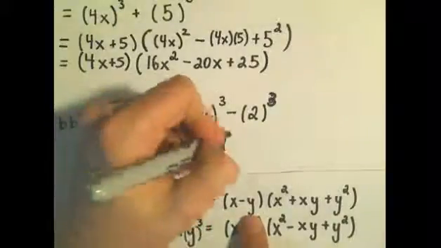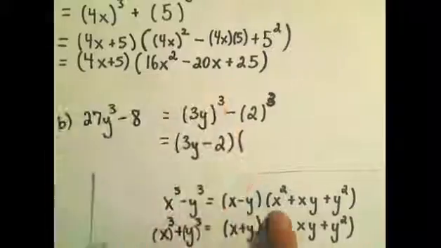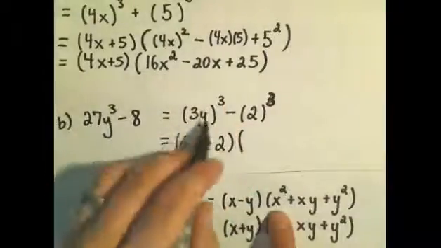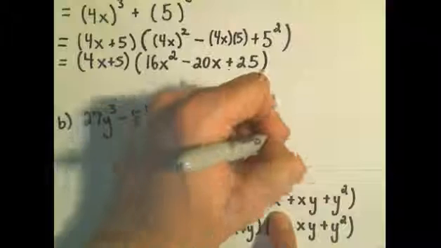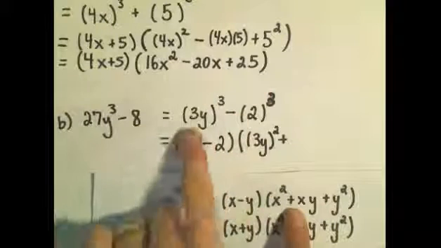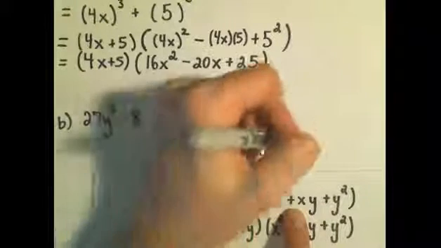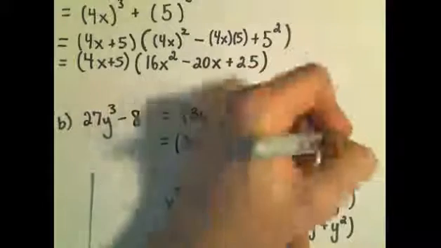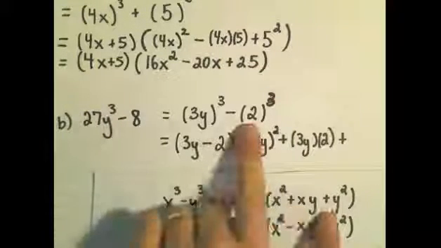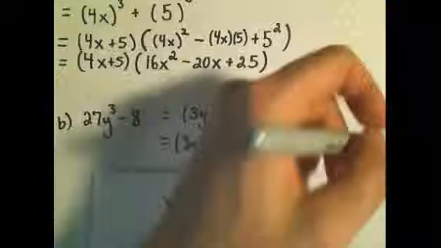So we'll just drop our positive 2 down. And then it says take the first thing in the first set of parentheses and square it. Then write a plus, and now multiply the things inside the parentheses together. So 3y times 2. And then whatever number was out there, we just square that as well.